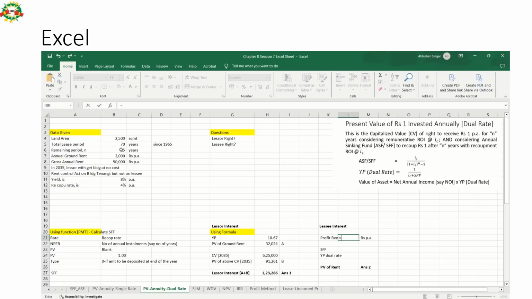Now for the lessee's interest, profit rent is 50,000 minus ground rent, which is 3,000. Now SFF, we know the formula for SFF, which is IS divided by bracket, double bracket, 1 plus IS raised to power 25, minus 1, bracket close.